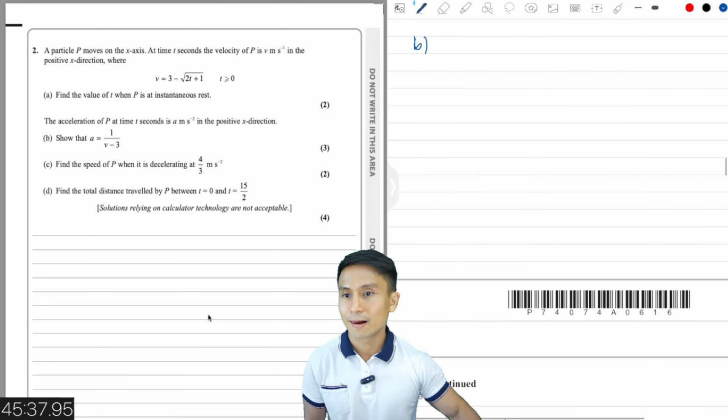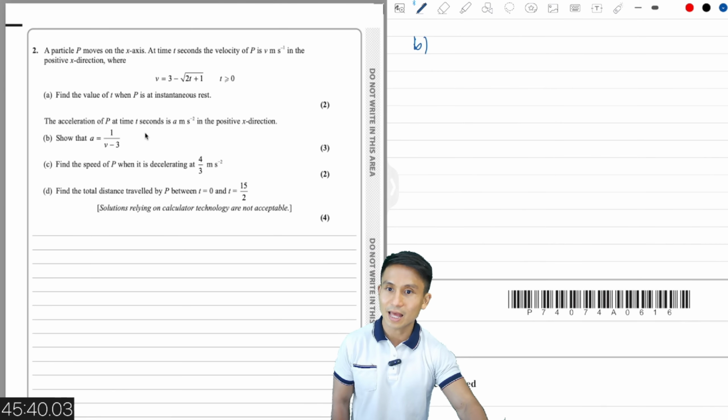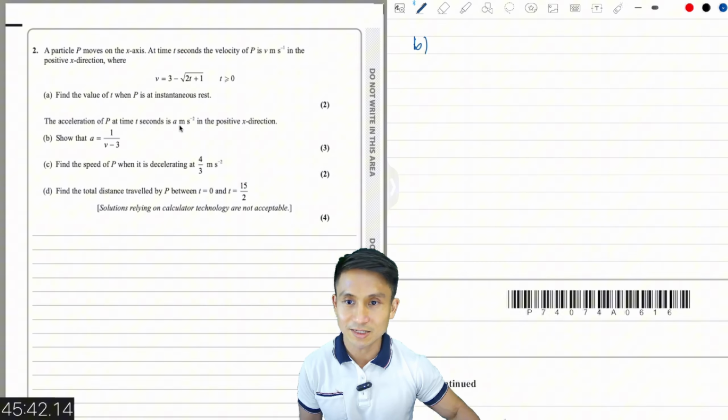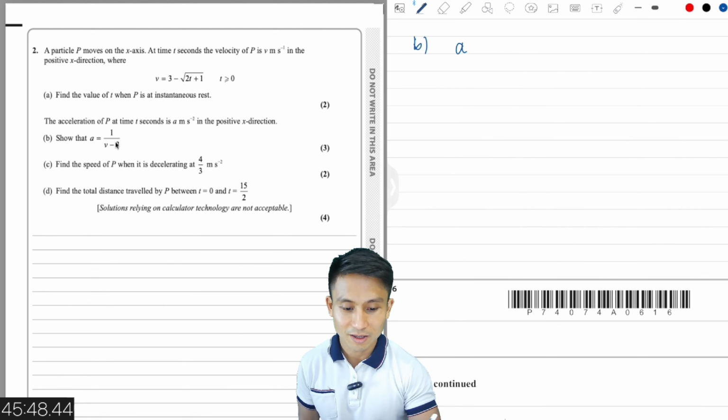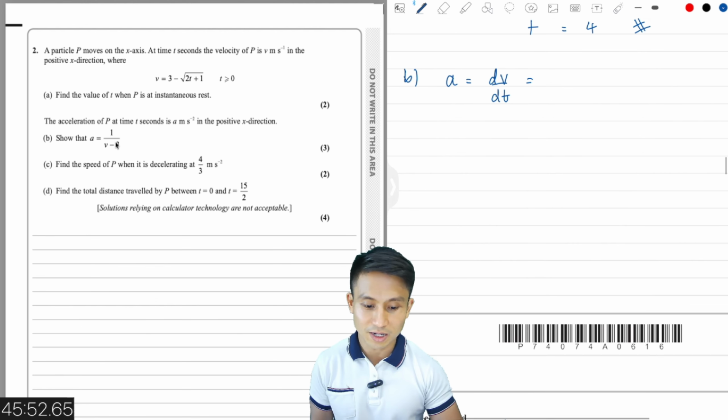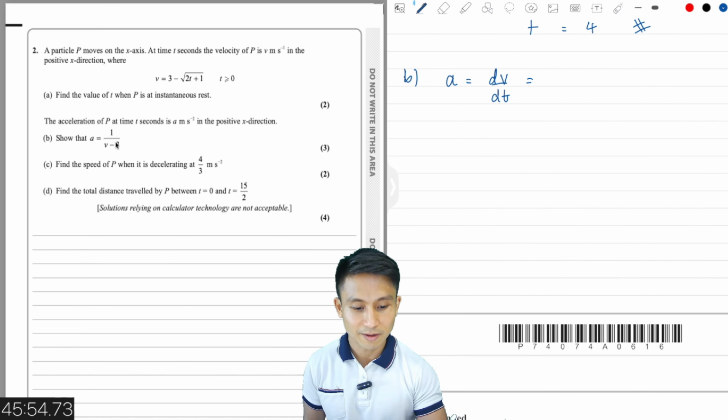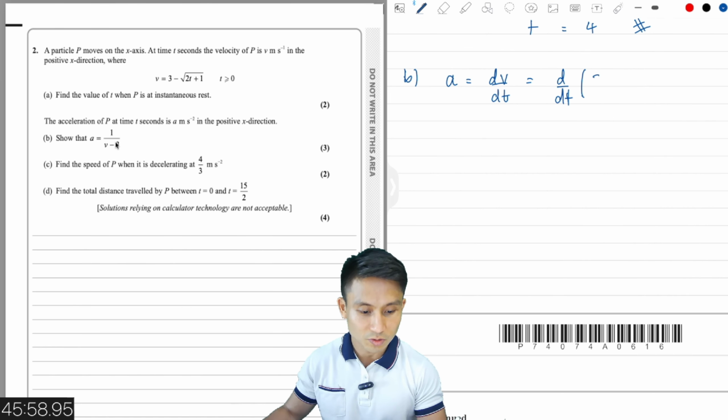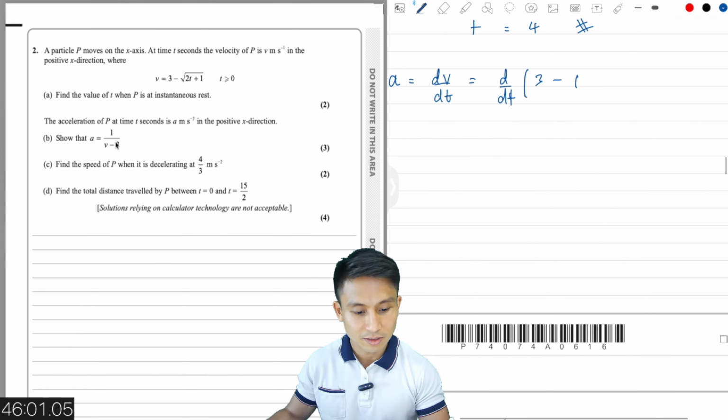Part B. The acceleration of P at time t seconds is a meters per second squared in the positive x direction as well. Show that a equals that. So a is the derivative of velocity. So we just differentiate that. First we change it to 3 minus (2t plus 1) to the power of half.